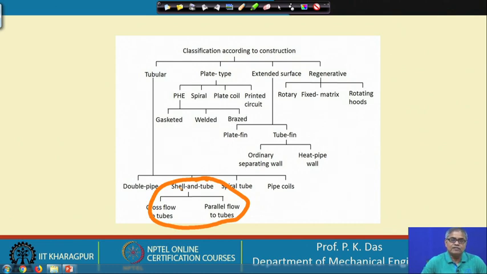So, just for the time being, you know that there is a shell within which there will be a number of tubes, and then one kind of fluid will pass through the shell side and another fluid will pass through the tube side. But there could be a very large number of variations to this basic design, which we will learn later on.